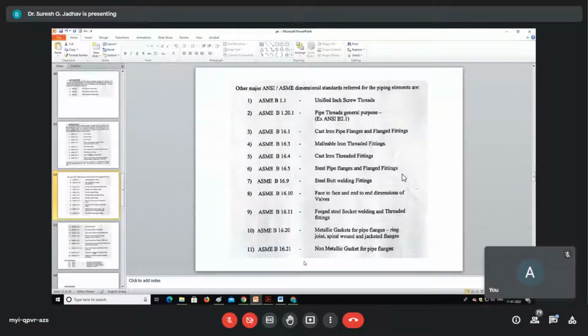If you consider ASME or ANSI dimensional standard codes, for instance ASME B16.9 for steel butt welding fittings, and another, ASME B16.4, a cast iron threaded fitting, in this case we need to specifically cover the proposed installations.